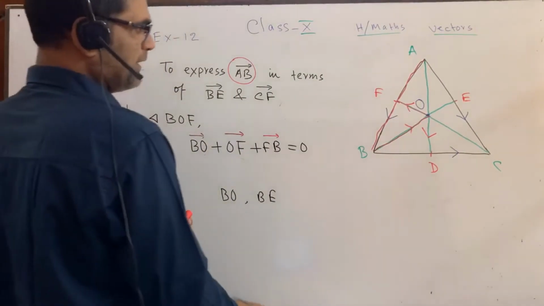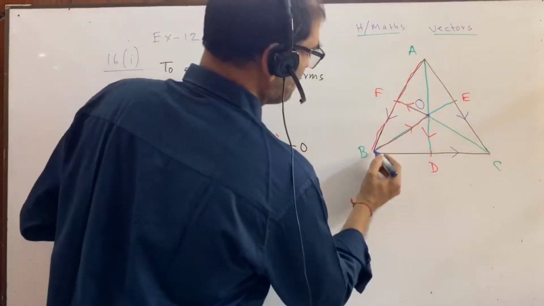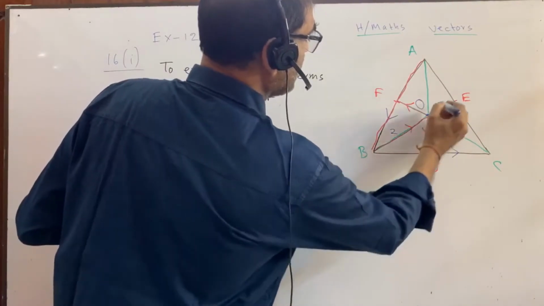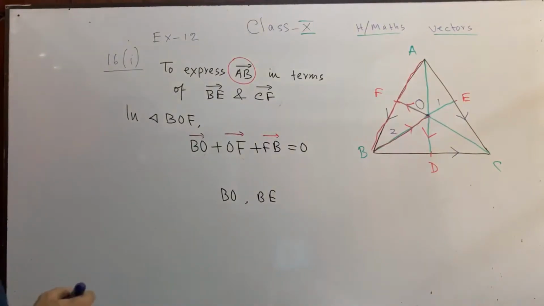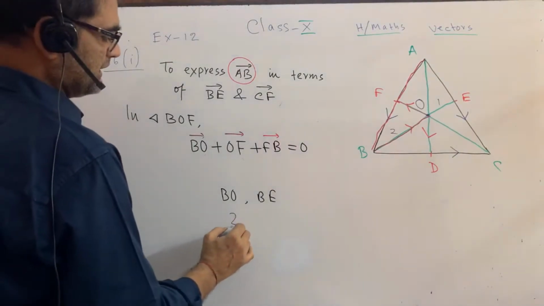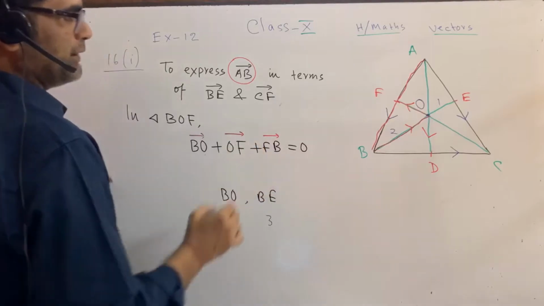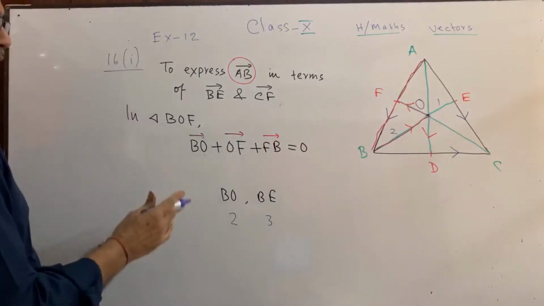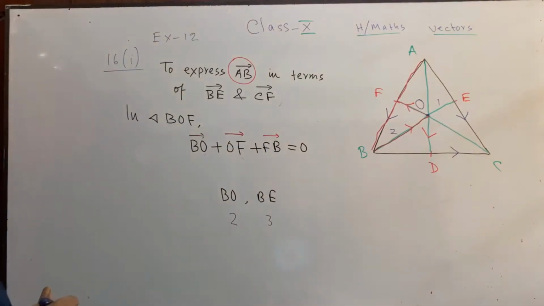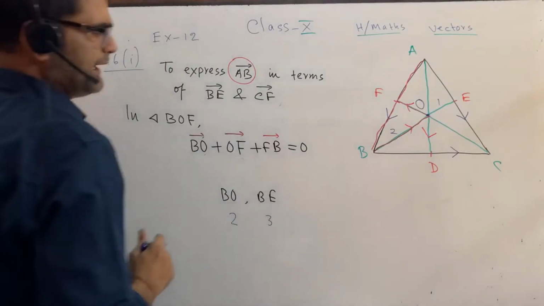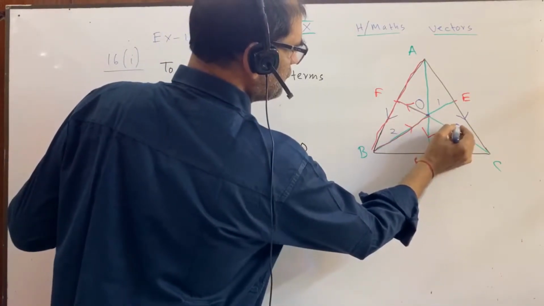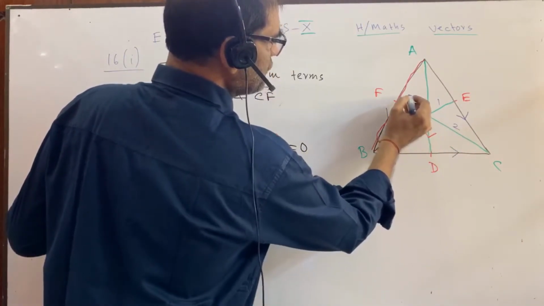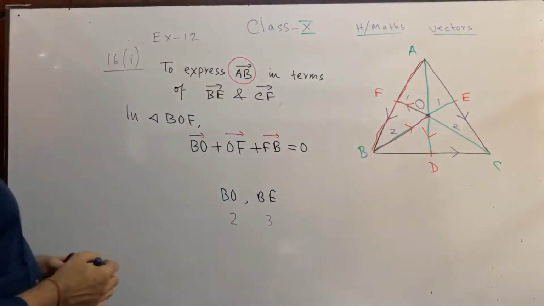What is meant by 2:1? From the vertex it is 2 and here it is 1. That is, if BO is 2 units, then BE will be 3 units. In the same way, if it is 2 units, then it is 1 unit. Is it right?